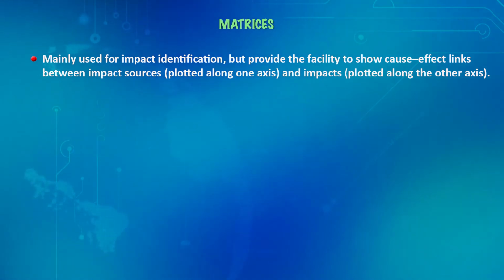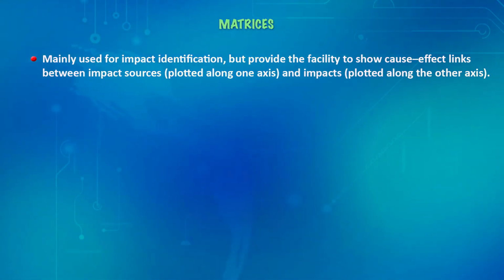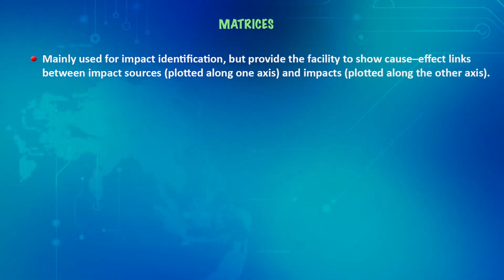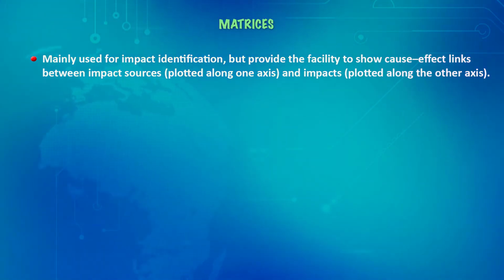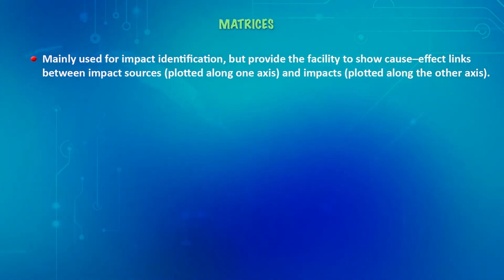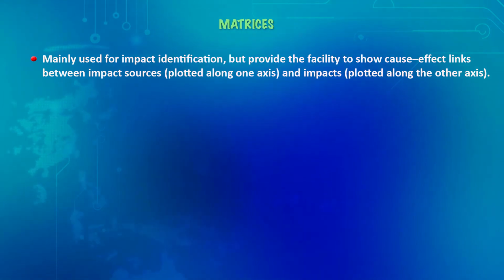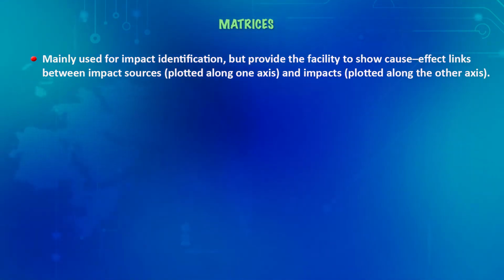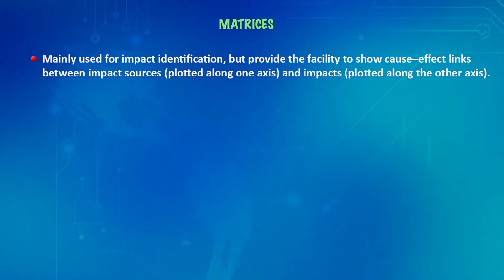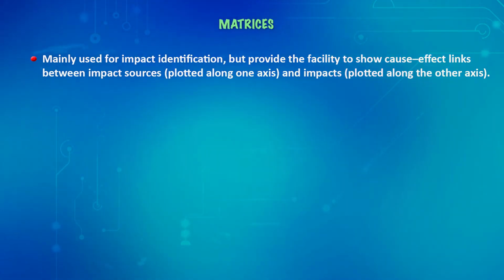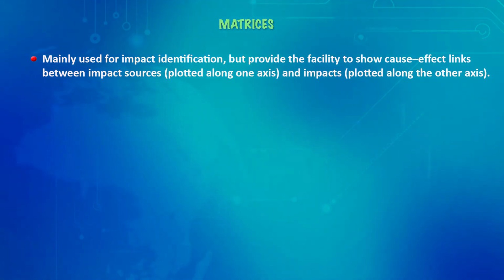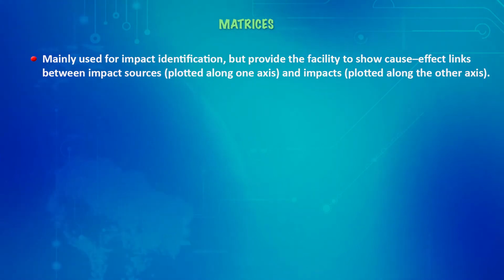Basically, matrices are used for impact identification, but they also provide the facility for the cause and effect links to be explicitly measured, because in the previous one it was not there. In this case the cause-effect links between the impact sources and the impacts can be measured through this method.